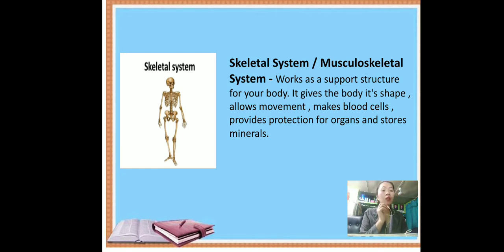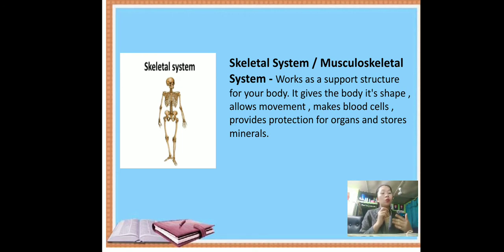So our skeletal system works as the support structure of our whole body. It gives us our body shape, which is the reason why we have curves in our body. Then it produces blood cells, provides protection for organs, protecting the organs inside.